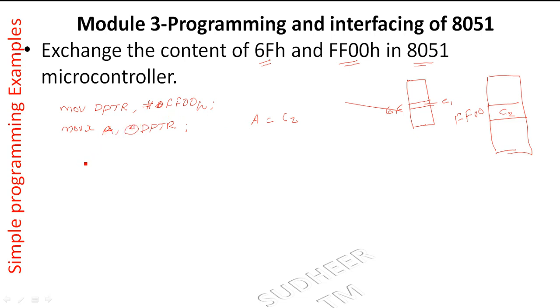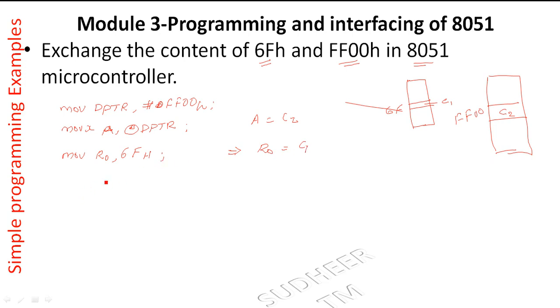Before copying the accumulator, C2, to 6F, we need to save the data at 6F. For that we can use, say, register R0: MOV R0, 6FH. After executing this instruction, our register R0 will hold the content C1.